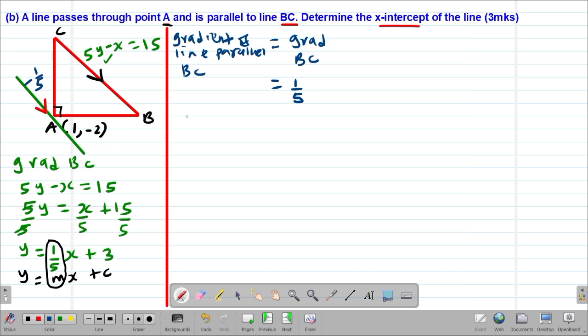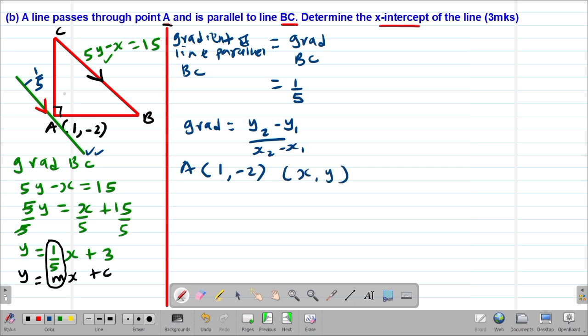Now, we know that the gradient gives us change in y over change in x, which is y2 minus y1 over x2 minus x1. This line is passing through the point A, which has the coordinates 1 and negative 2. Then I'll also pick a general point x, y on this line.